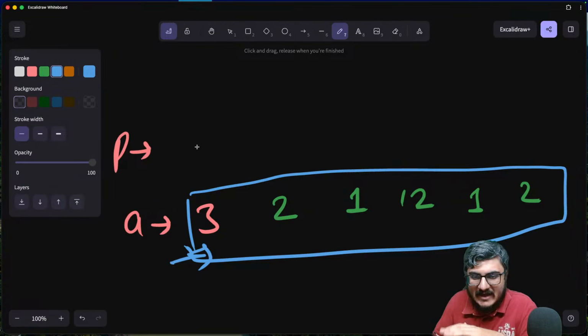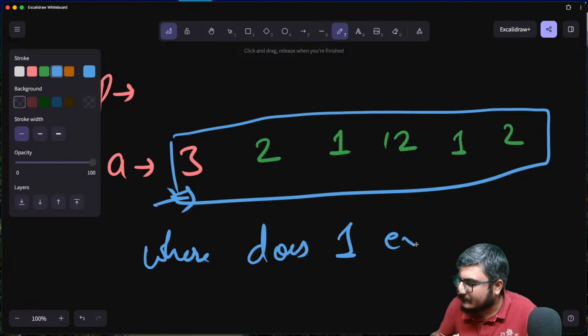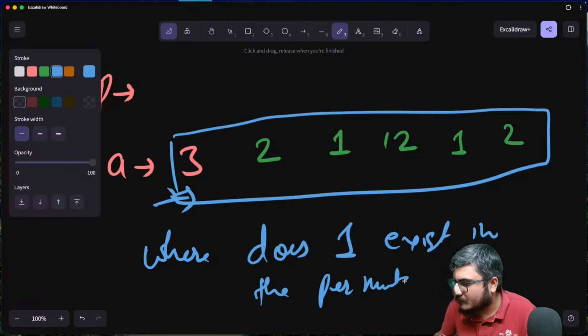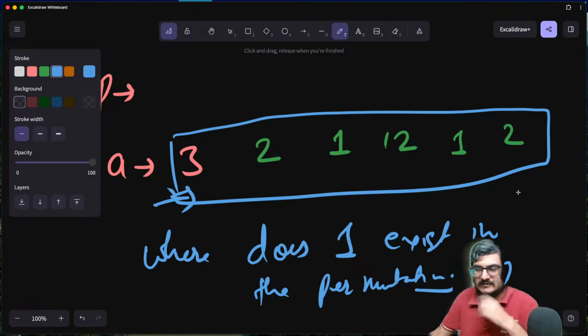I will give you one simple problem. Can you find where 1 exists in the permutation? I am saying 1 would be at a unique place. How will you find where 1 exists in the permutation?